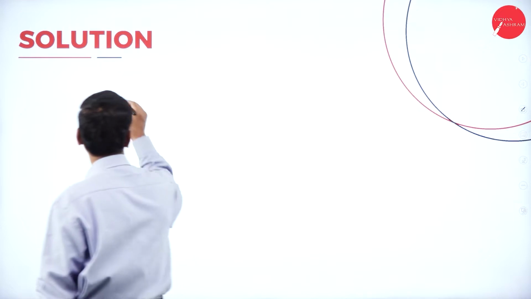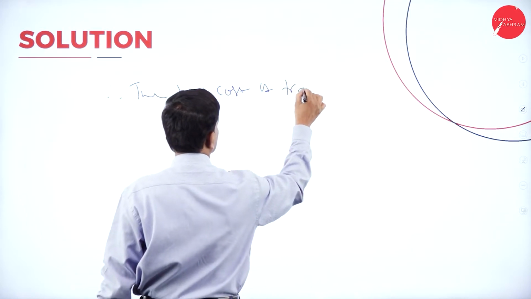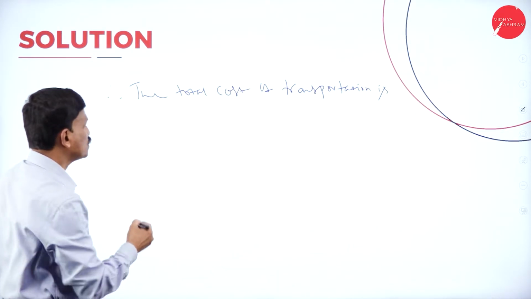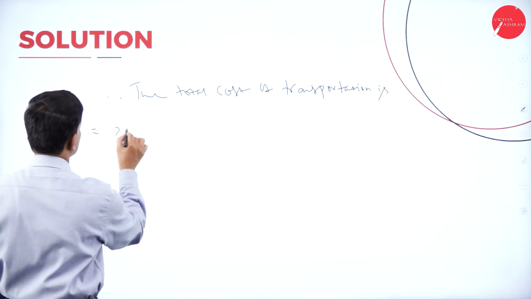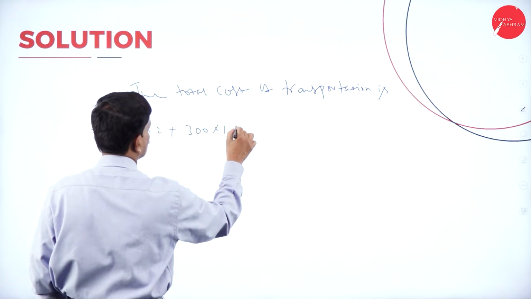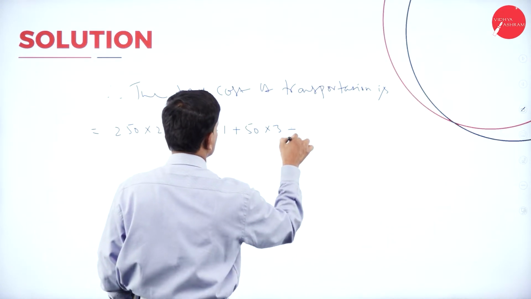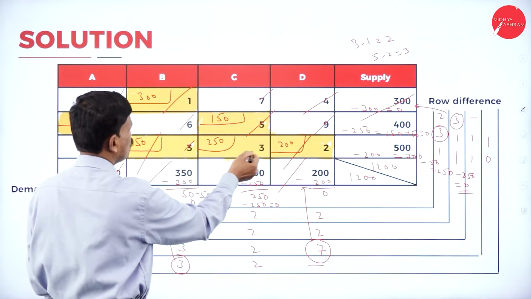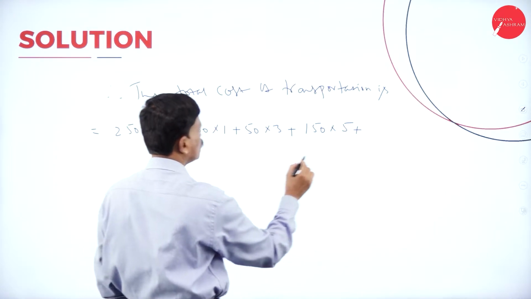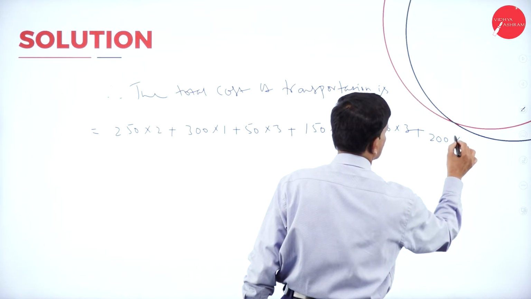So therefore the total cost of the transportation is equal to 250 into 2 plus 300 into 1 plus 50 into 3, then 150 into 5 plus 250 into 3 plus 200 into 2. So these are the values.